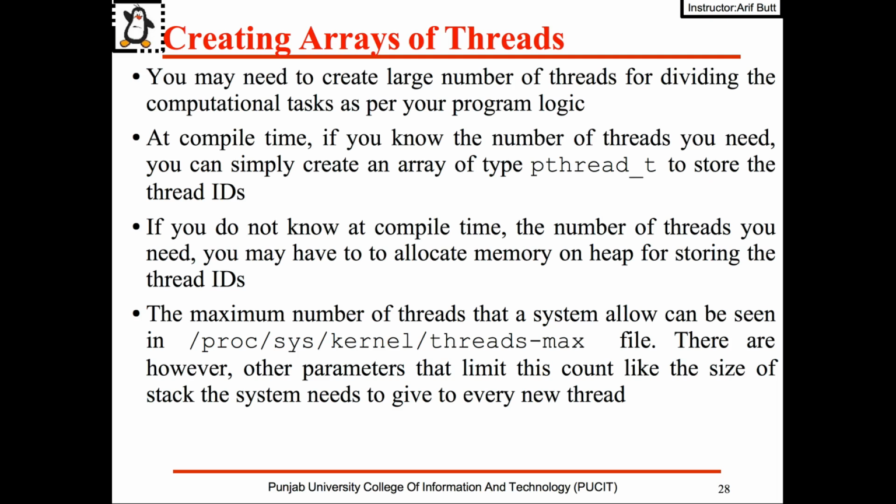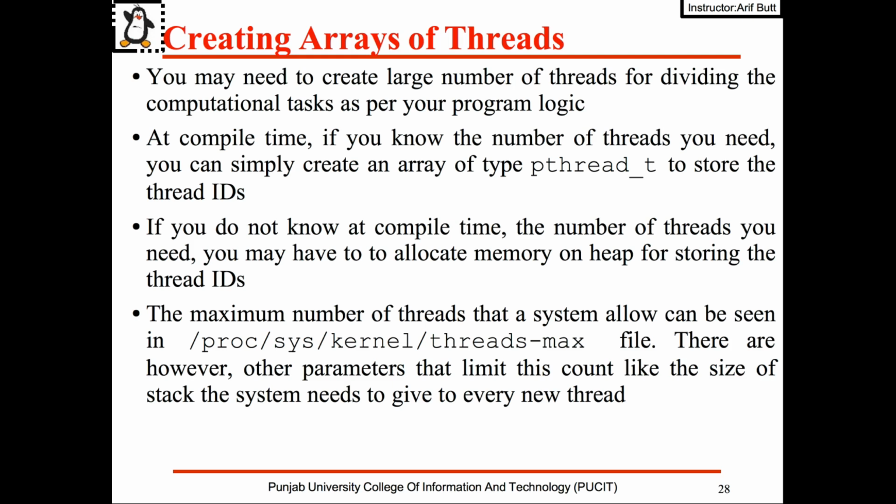Okay, creating arrays of threads. Well, dear students, you may need to create a large number of threads for dividing the computational task as per your program logic. Right now we have just created two threads. At compile time, if you know the number of threads you need, you can simply create an array of type pthread_t to store the thread IDs.